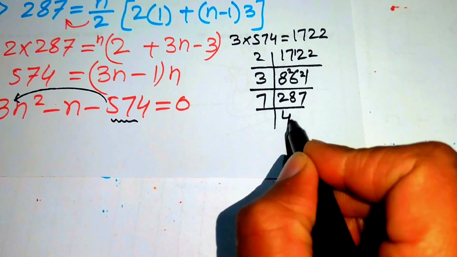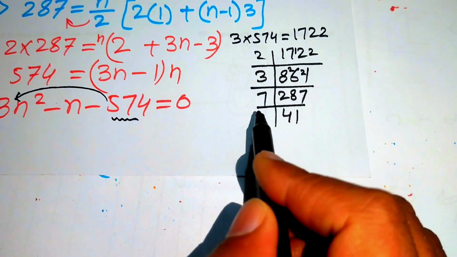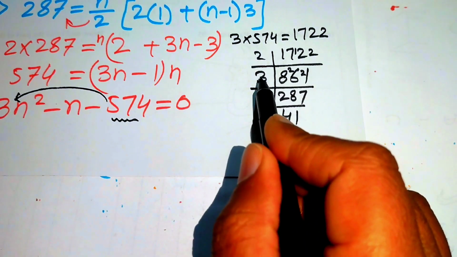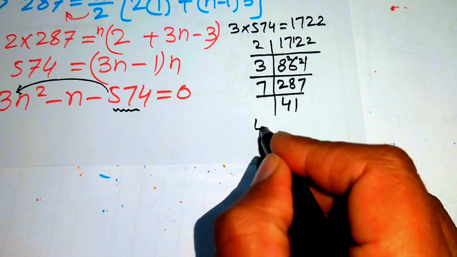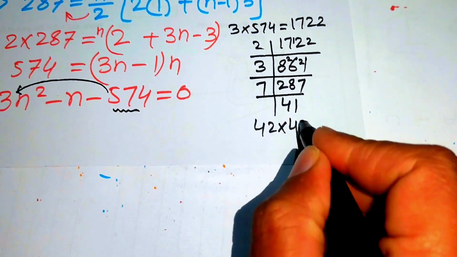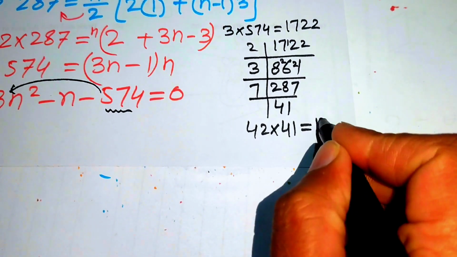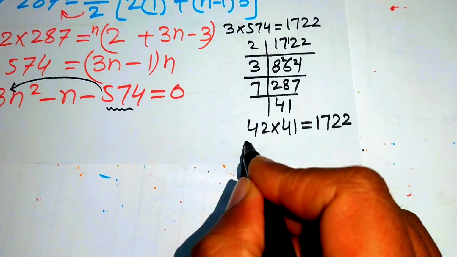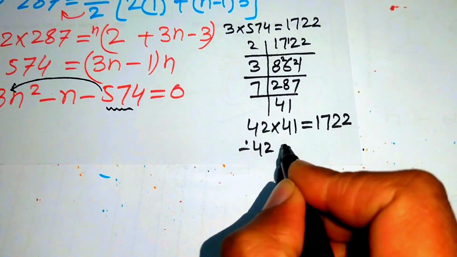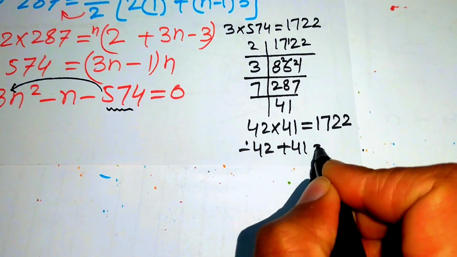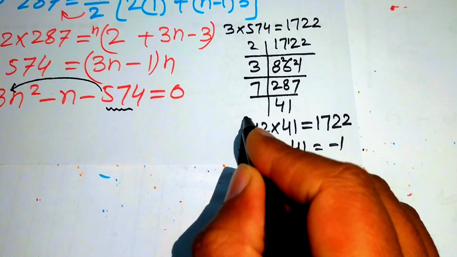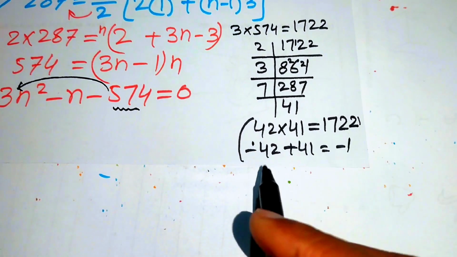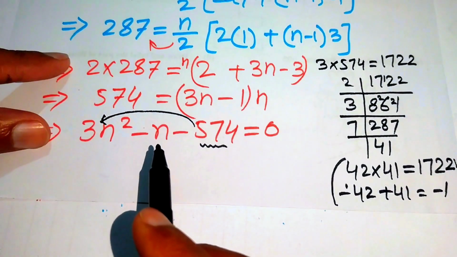So we have 7 4s are 28, and 7 1s are 7. So when we multiply 7 3s are 21, 21 2s are 42. So it means that 42 multiplied by 41 equals to 1722. And when we subtract minus 42 plus 41, it will be equal to minus 1. So these are our factors of this equation.